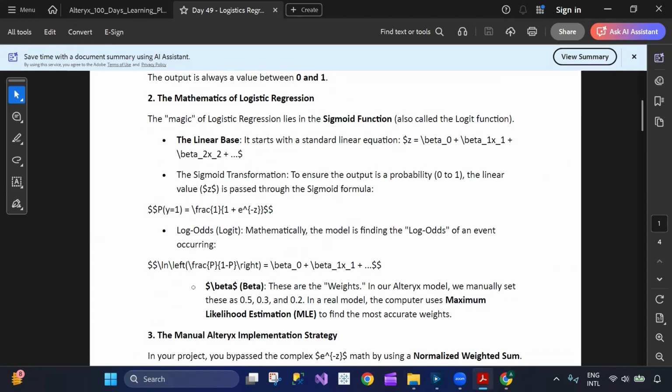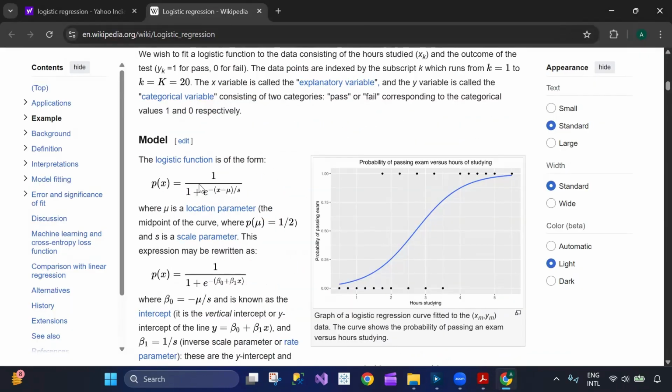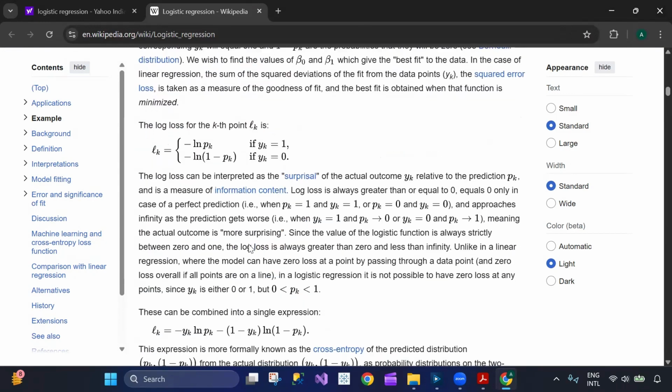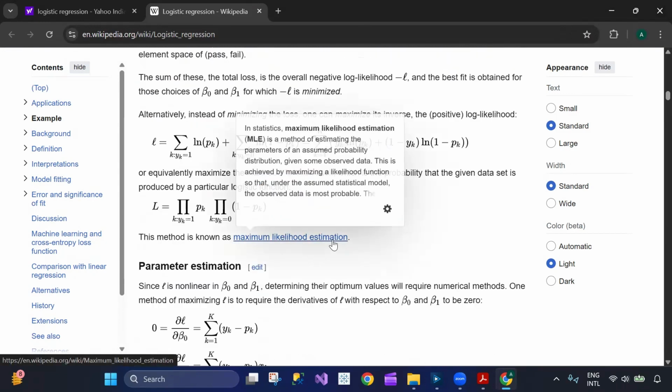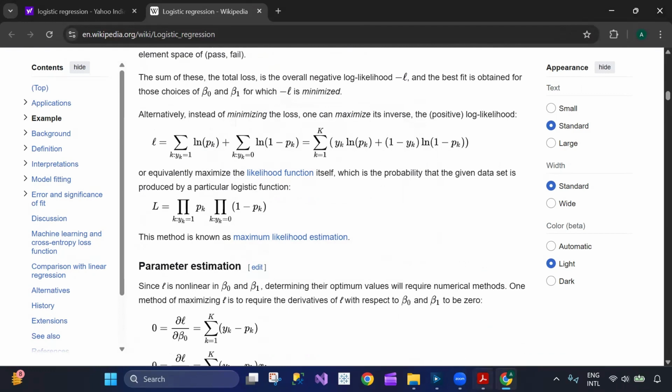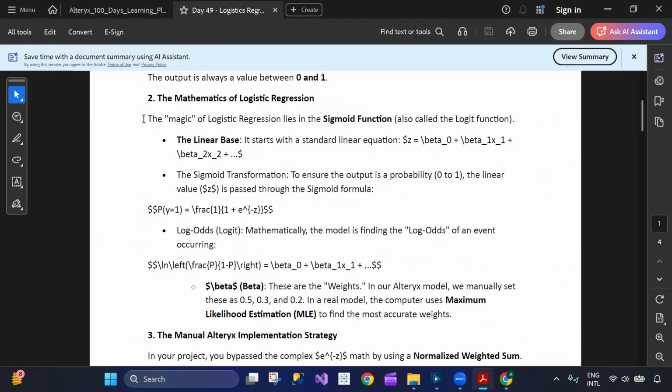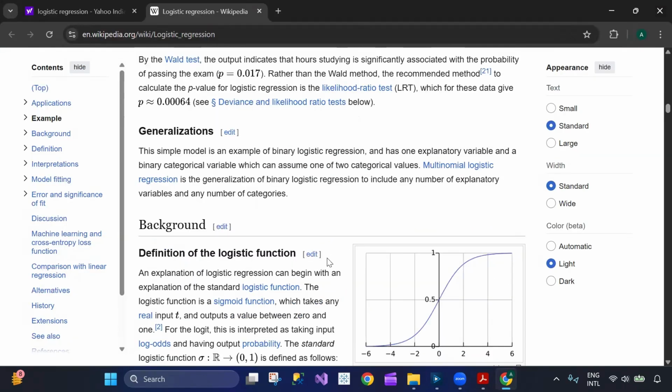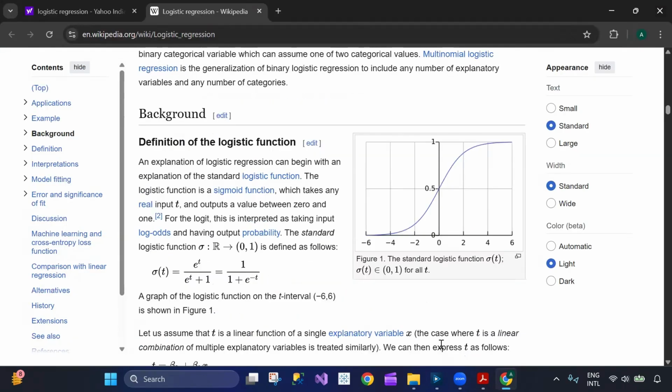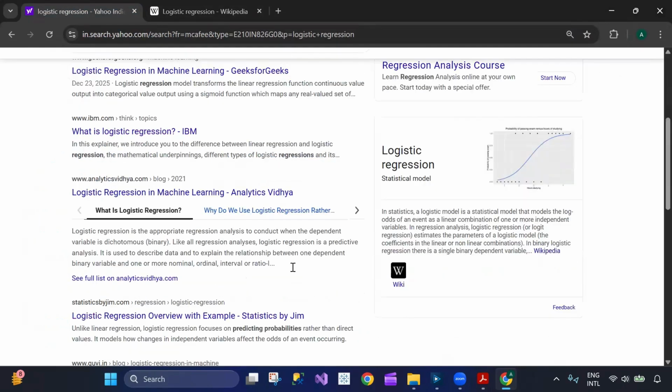The logistic function is p(x) equals 1 divided by 1 plus e to the power of minus something, where you calculate the location parameter, scale parameter, and other things like likelihood estimation, with the sigmoid function. This is the mathematics of the logistic sigmoid transformation, which ensures the output probability is between 0 and 1. This is just a general idea about logistic regression.